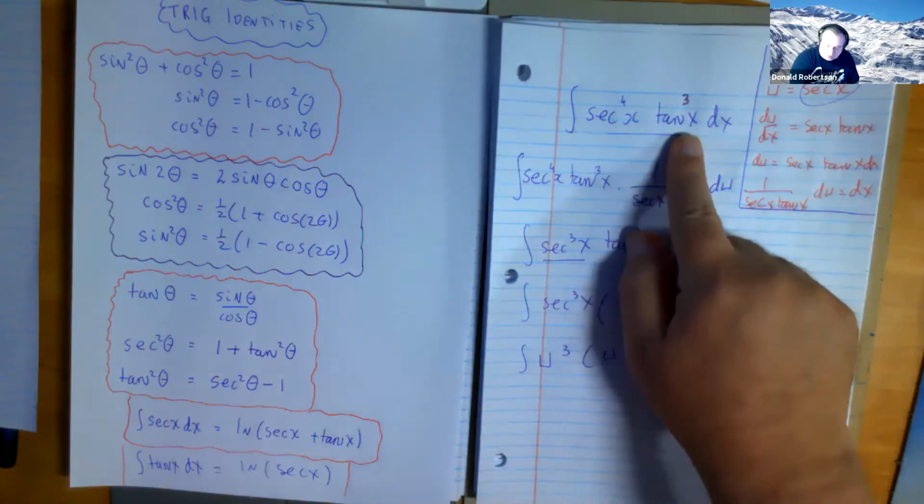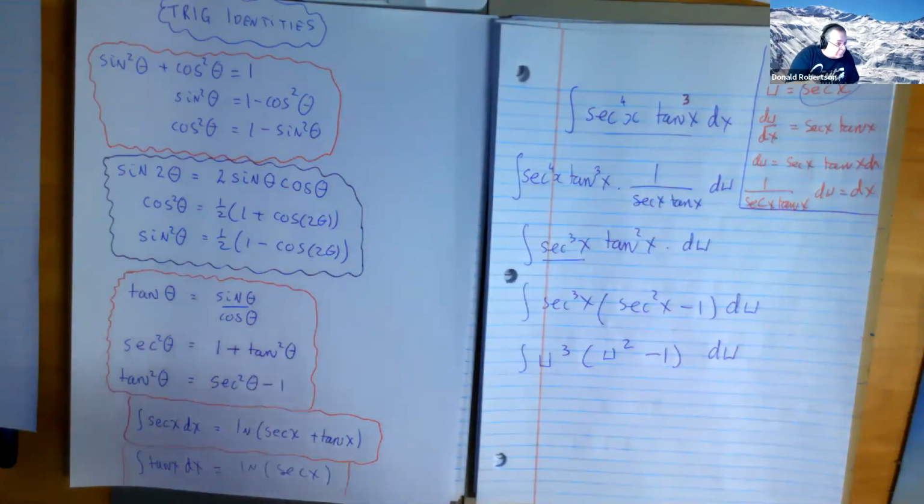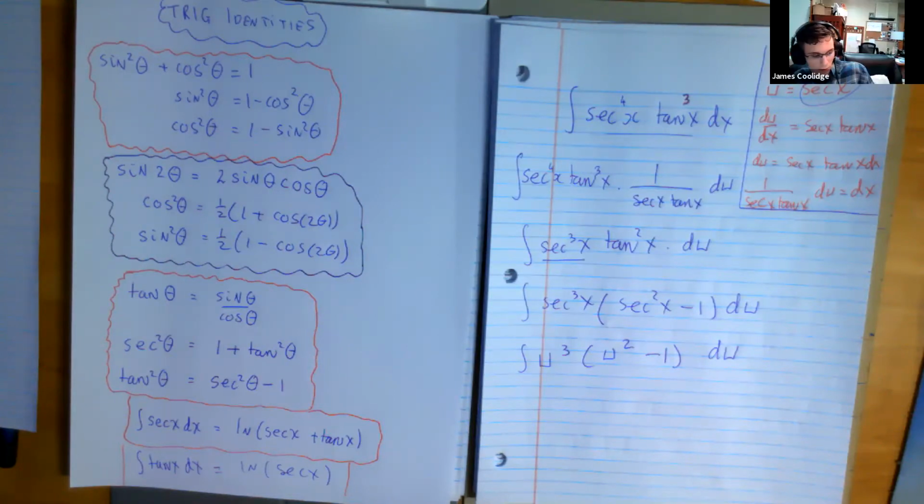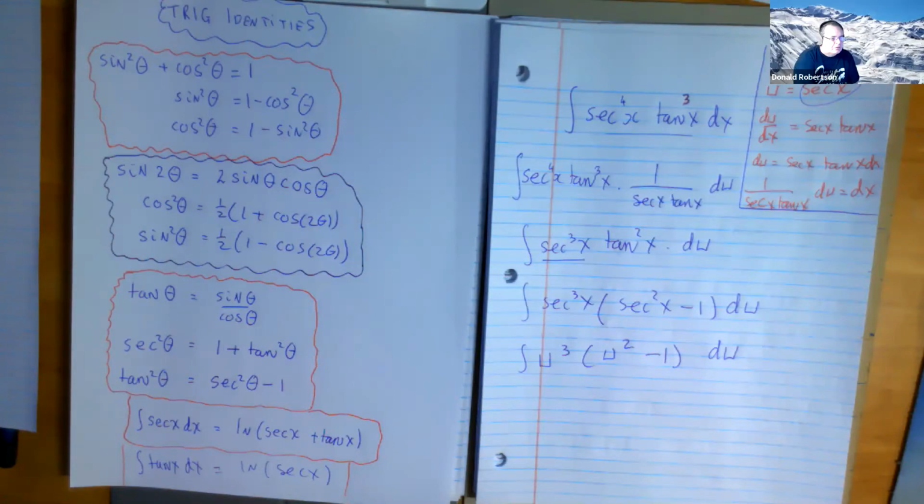For instance, if I chose tan here, I could have chosen a u sub a tan. What would the derivative of tan be? Secant squared. And you know that one also would have worked eventually.